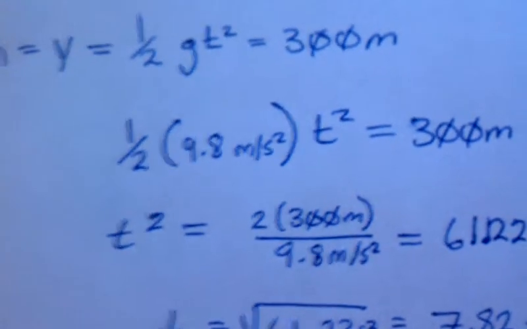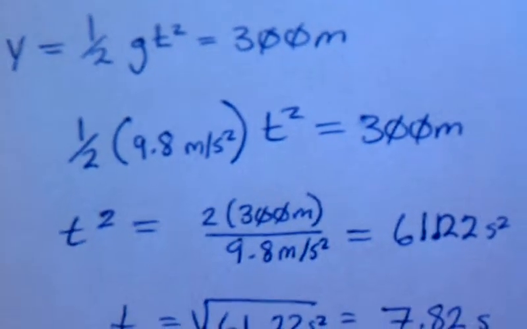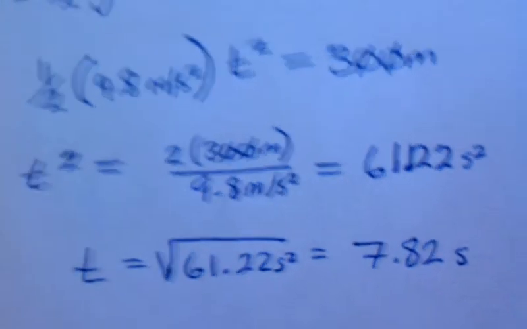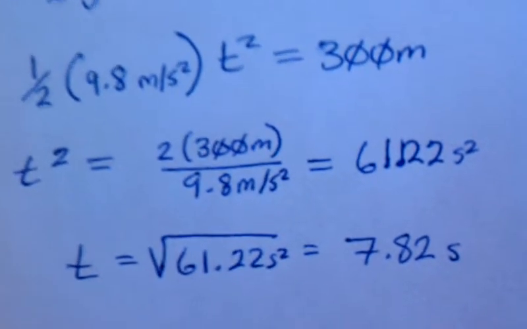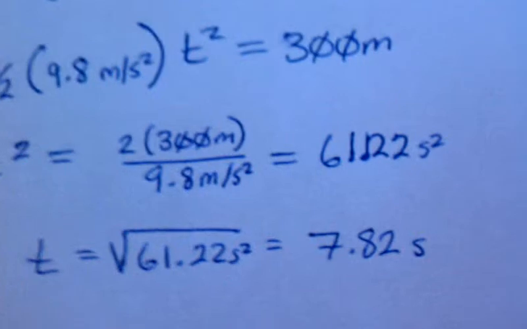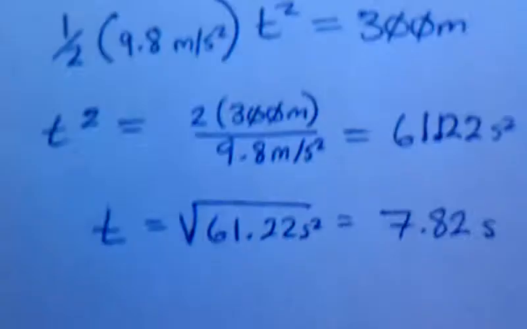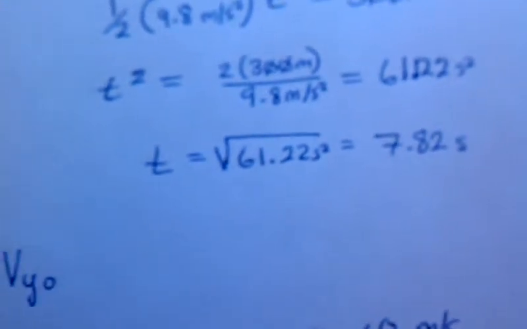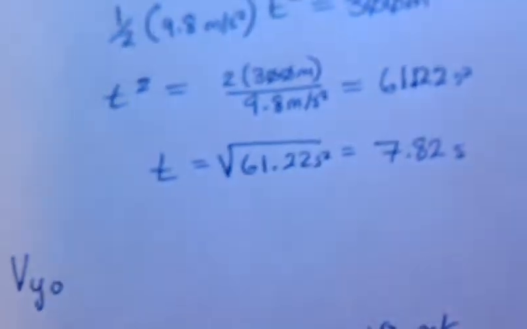So 1/2 times gravity times time squared equals 300. And you just switch each side, so you get t squared equals 2 times 300 over 9.8 meters per second squared, or 61.22 seconds squared. Excuse my hand shaking. And that is time equals square root of 61.22, or 7.82 seconds.